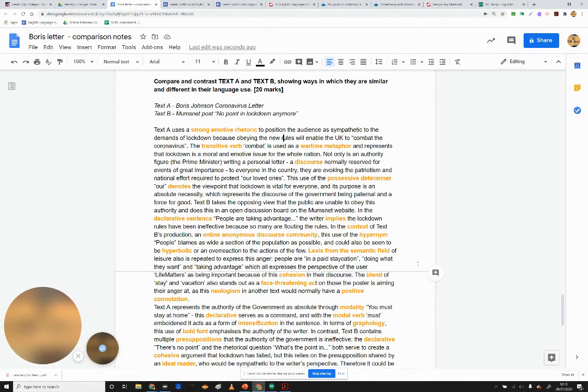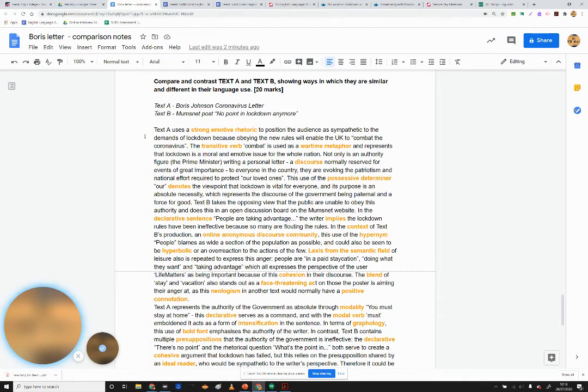Text A uses a strong emotive rhetoric to position the audience as sympathetic to the demands of lockdown because obeying the new rules will enable the UK to combat the coronavirus. The transitive verb "combat" is used as a wartime metaphor and represents that lockdown is a moral and emotive issue for the whole nation.